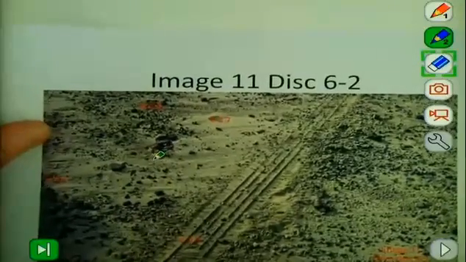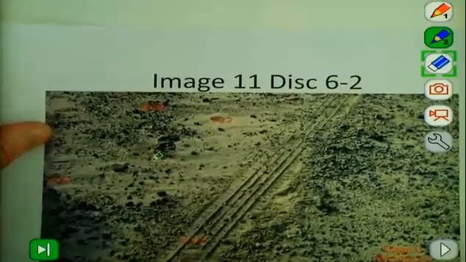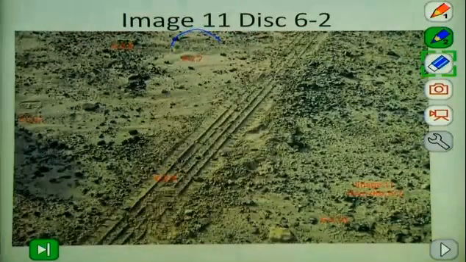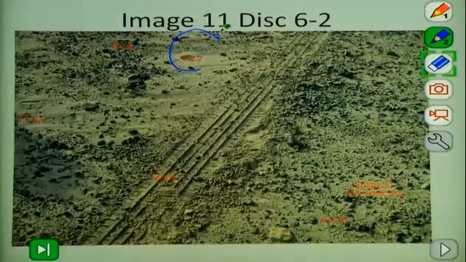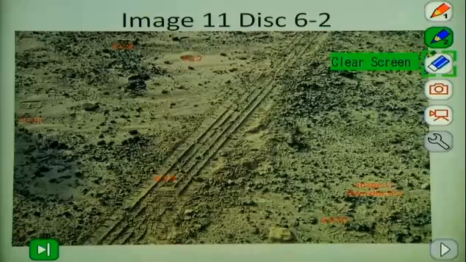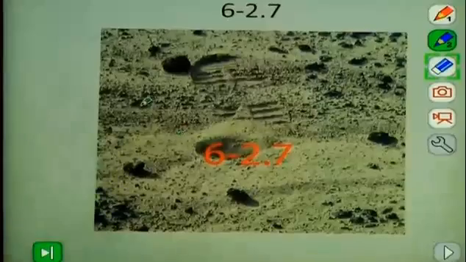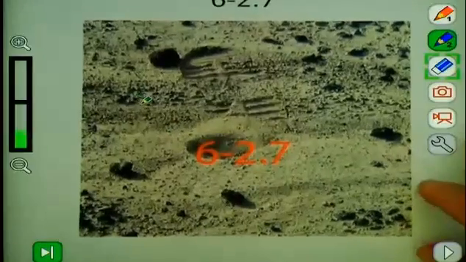Going to 6-2.7. Is that shown in this photograph? Yeah, this is up at the top of the photo, right here. Closer photograph of that here. Do you recognize that? Yes, I do. Okay, just tell us about this.